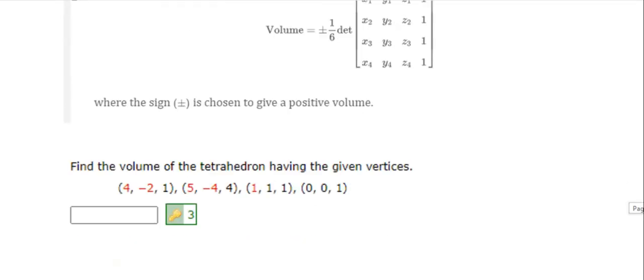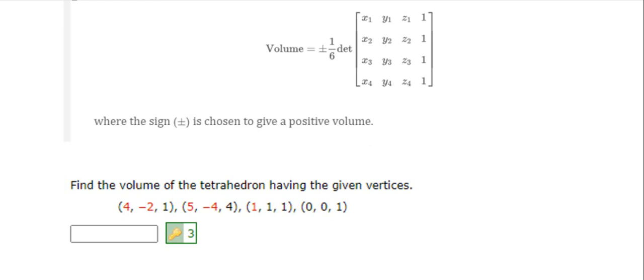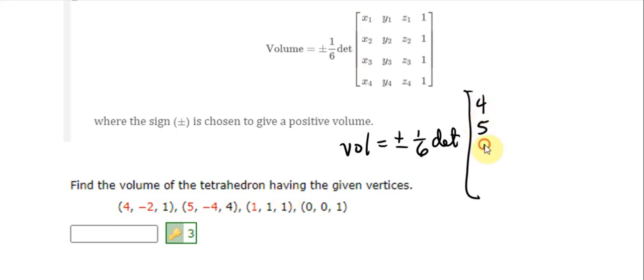So let's look here. I want to find this volume. So you have plus or minus 1/6 times the determinant. The first column is the x values: 4, 5, 1, and 0. And then -2, -4, 1, and 0.